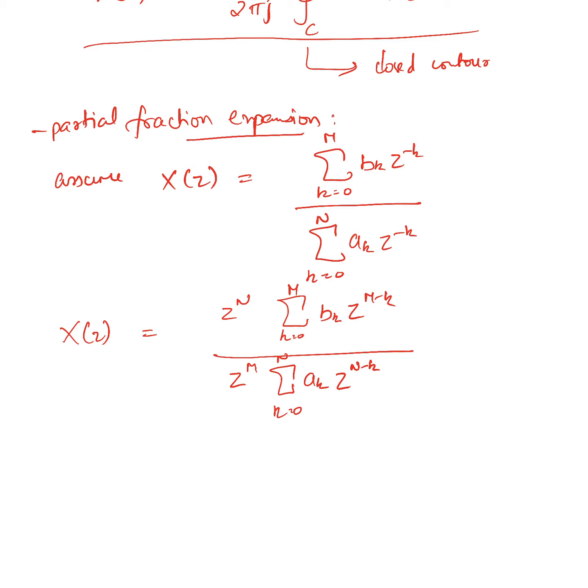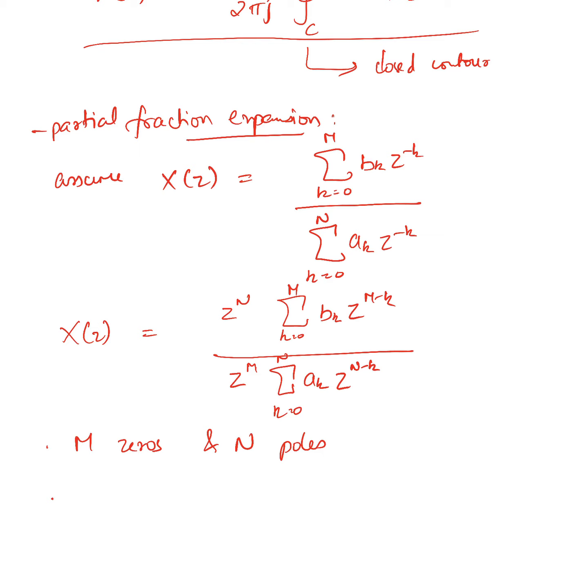In this representation it is quite clear that you have m number of zeros and n number of poles at non-zero locations in the finite z plane, where we have assumed that a0, b0 and a n and b m are non-zero.